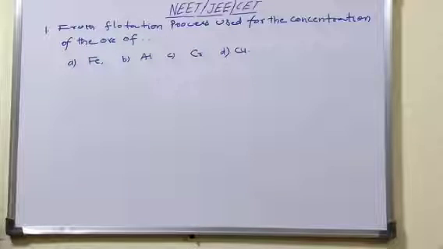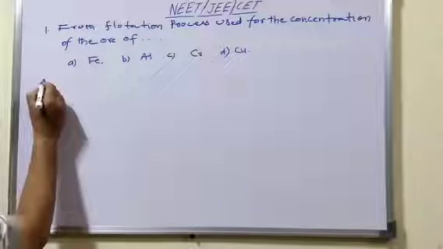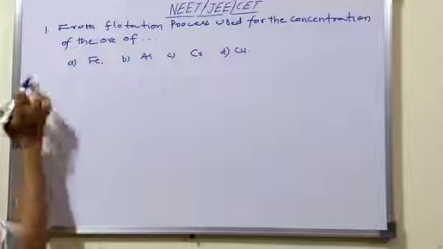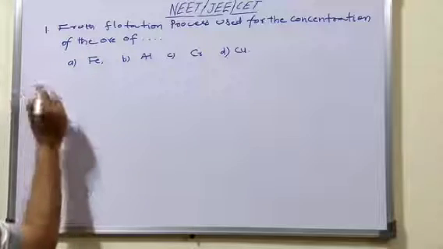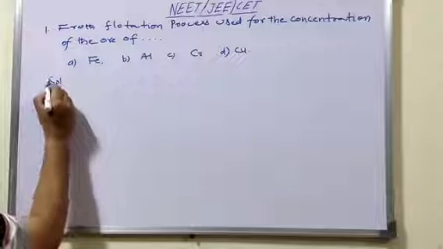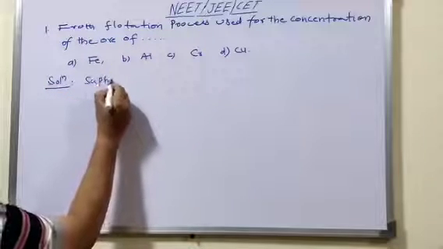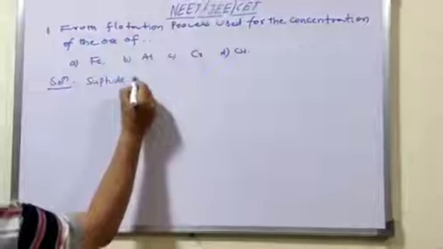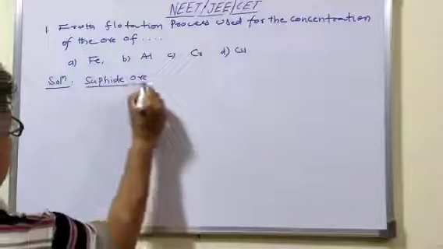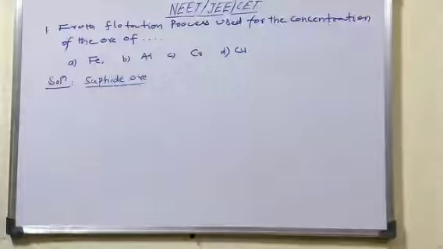We learned that froth flotation is useful for sulfide ores. What type of ores are concentrated? Sulfide ores are concentrated by the froth flotation method. And here we have to cross check the ores.